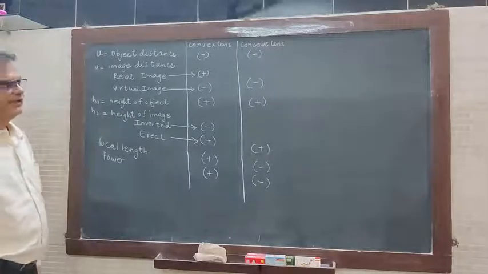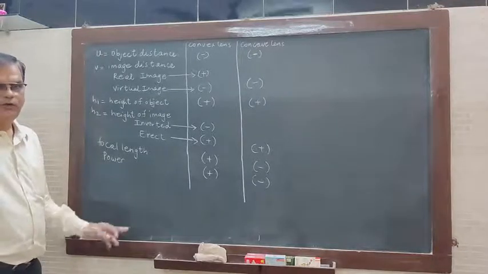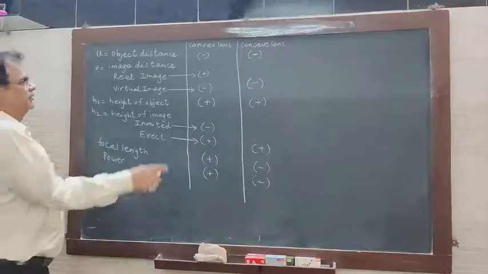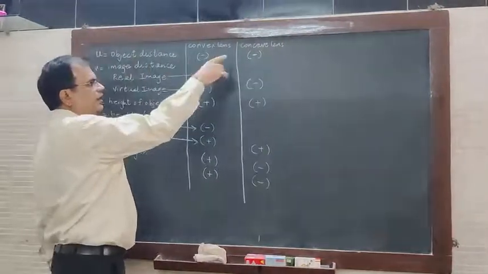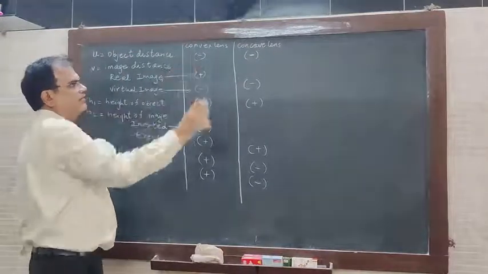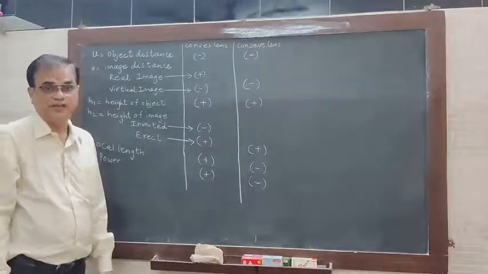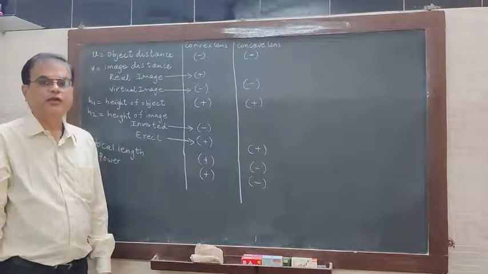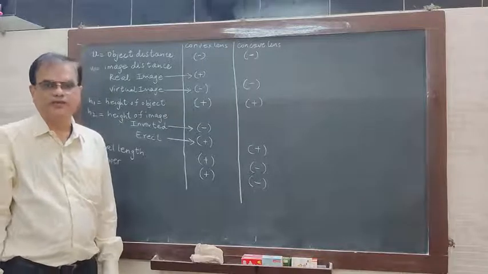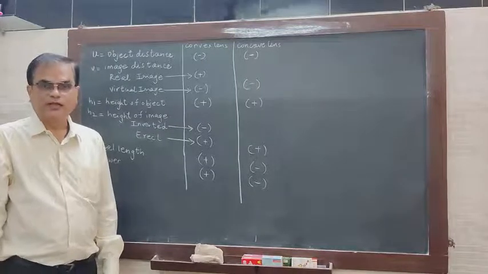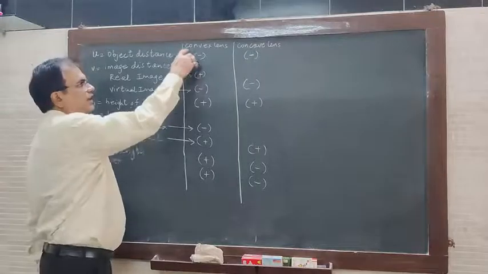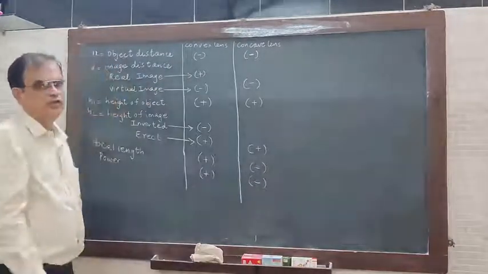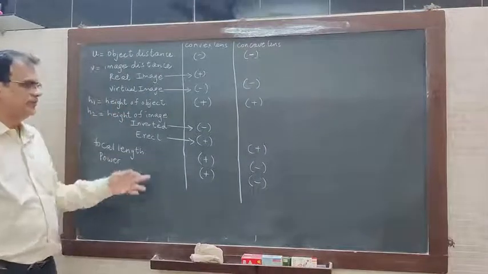So these are the sign conventions that you have to remember while doing the sums. Object distance is always negative whether it is convex or concave lens. Convex lenses are also called converging lenses and concave lenses are also called diverging lenses. So if a sum says converging lens, it means convex lens, and diverging lens means concave lens.